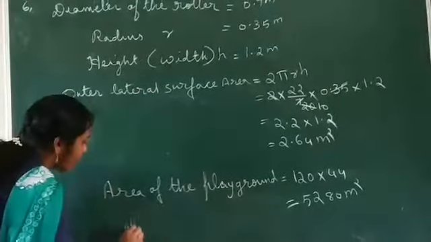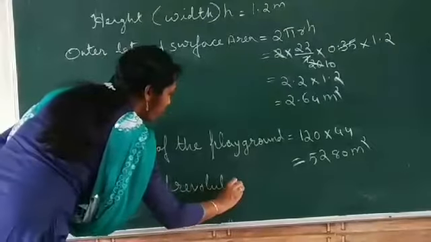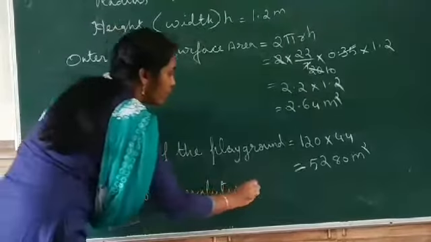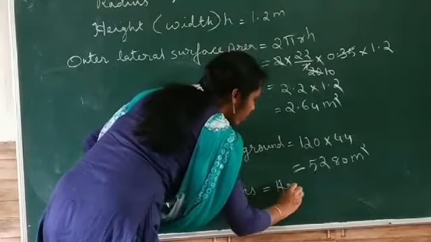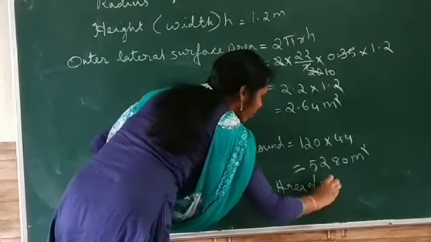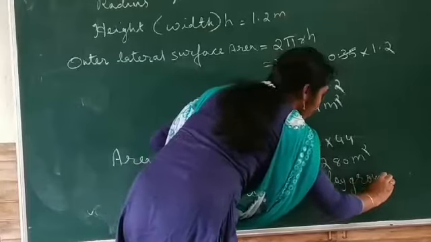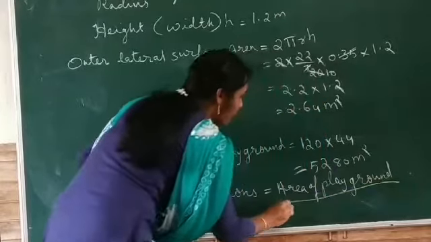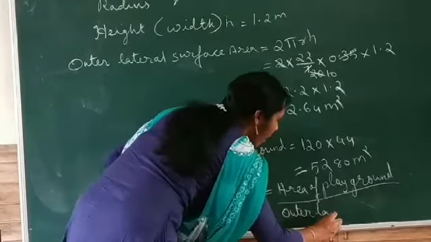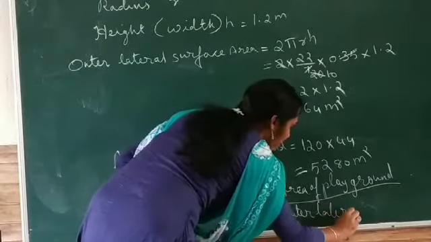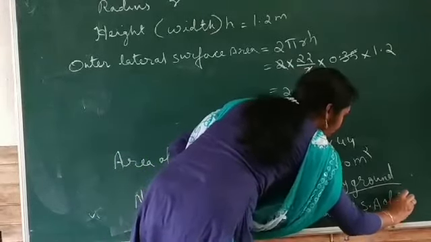So we can write number of revolutions is equal to area of the playground divided by outer lateral surface area of roller.